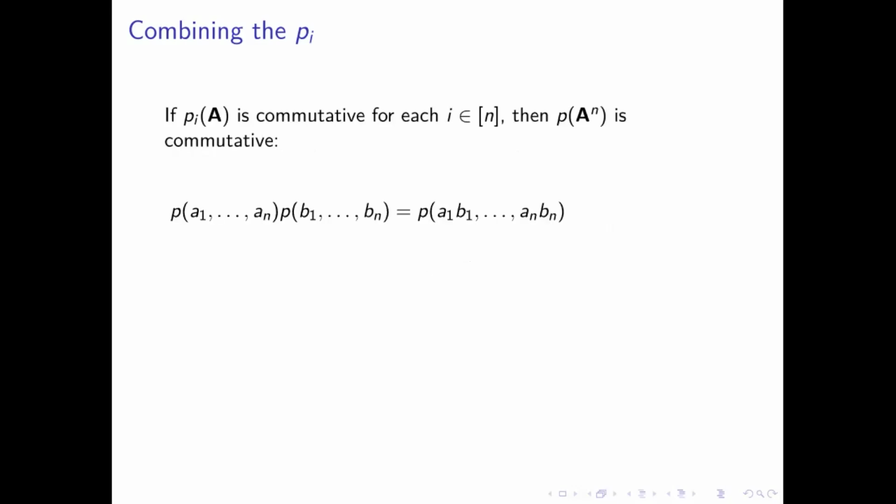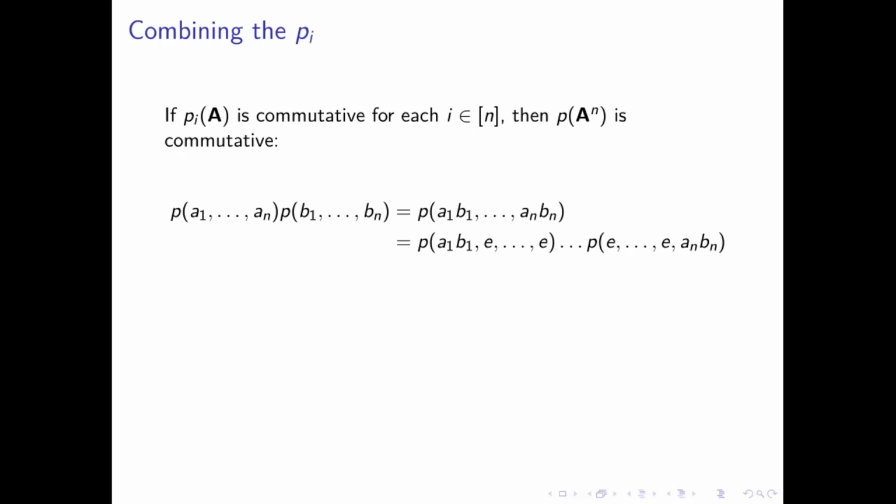Okay, so if all the Pi are commutative, then I claim that the image of P is also a commutative monoid. Okay, so we're just going to write down what that means. You take two arbitrary elements in this image, P of A^n. Again, multiplication will commute with P because P is a polymorphism. So you can pull multiplication inside of P in this first equality. You can then pull this out piece by piece.